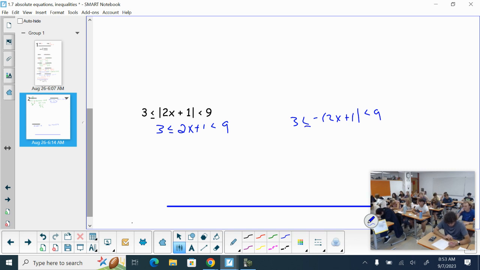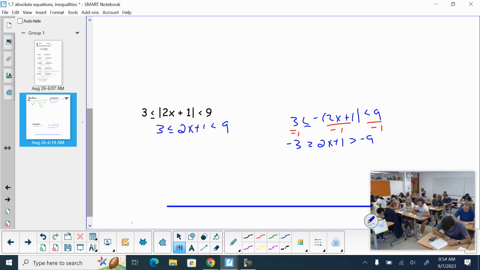You could either distribute through and solve it that way, or you can divide through by that -1 again. If you divide through by that -1, that's going to turn your signs around and make the negatives on the outside. So we have -3 is greater than or equal to 2x plus 1, which is going to be greater than the value of -9.